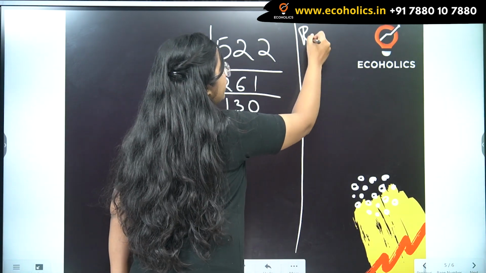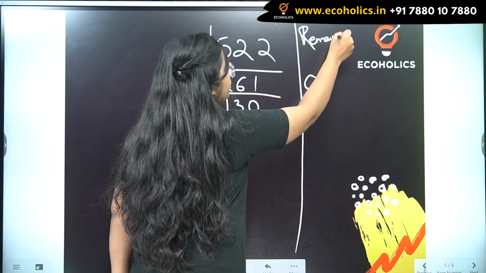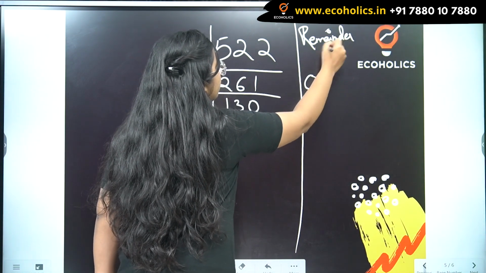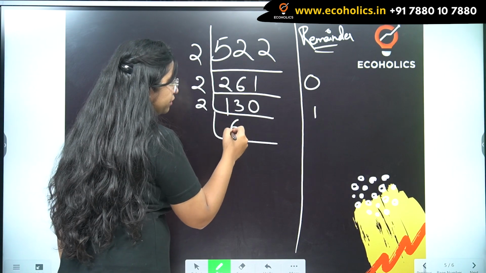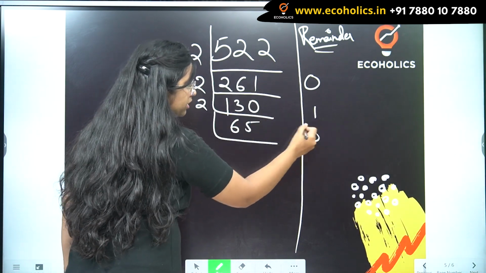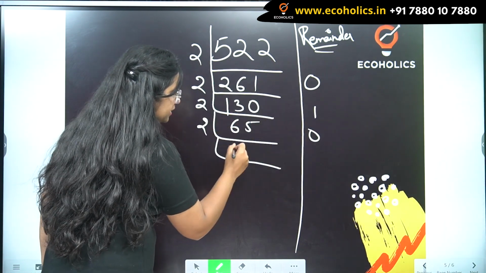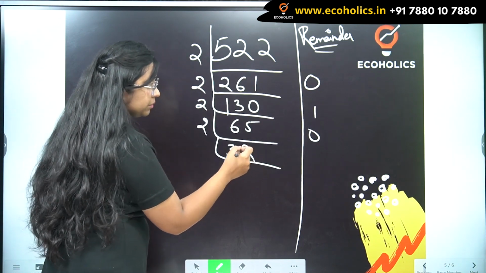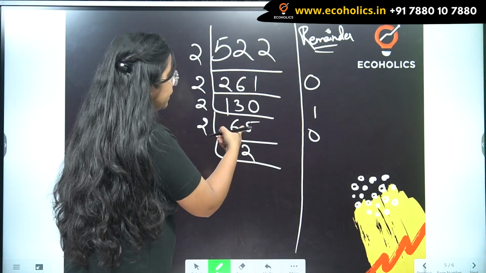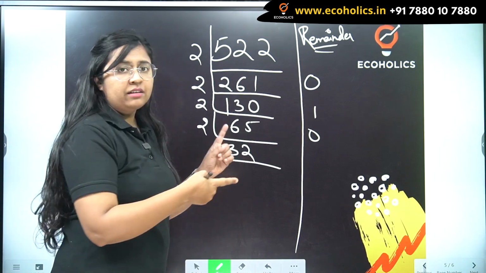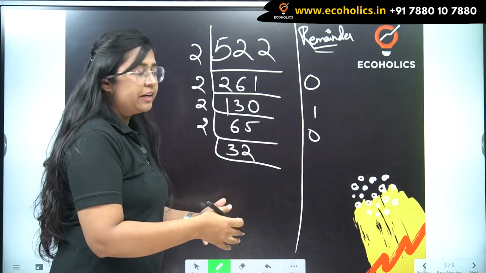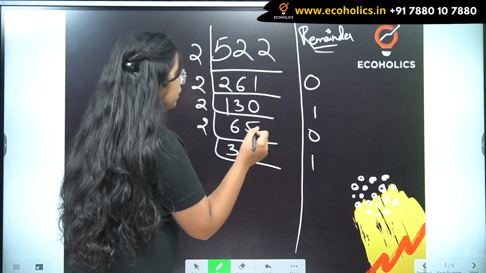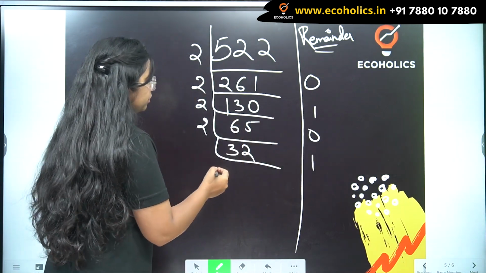So here you can also write this is the remainder. Then 2 6s are 12, 2 5s are 10. 0, 2 3s are 6, 2 2s are 4, 2 2s are 4, but still here you have 1 remaining which cannot be fully divided, so you'll write this 1 over here, okay.